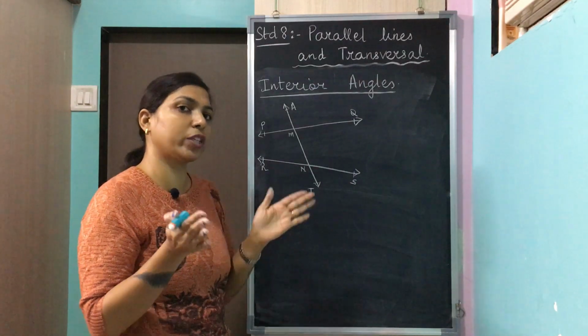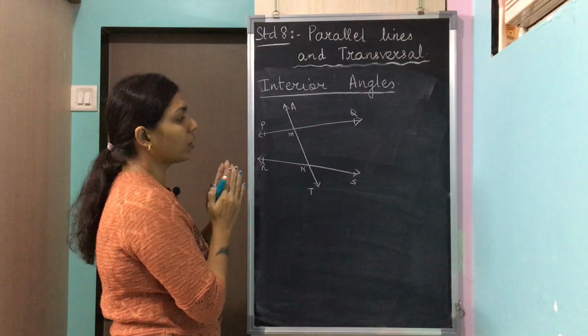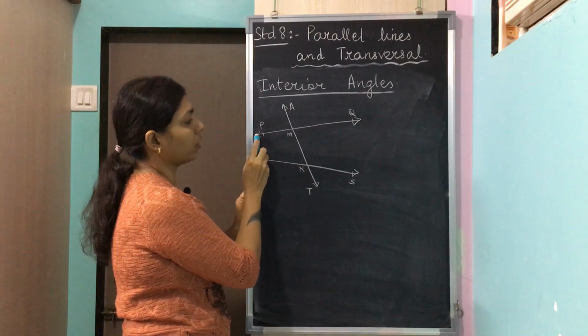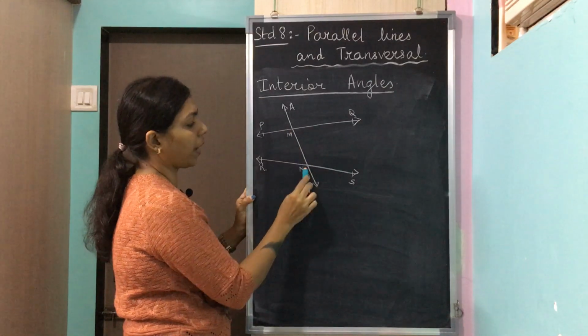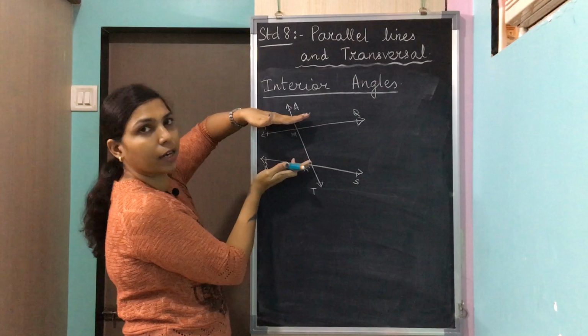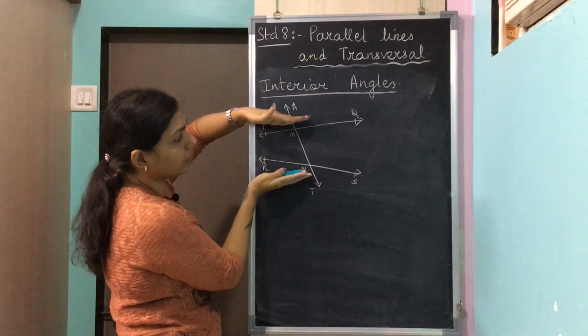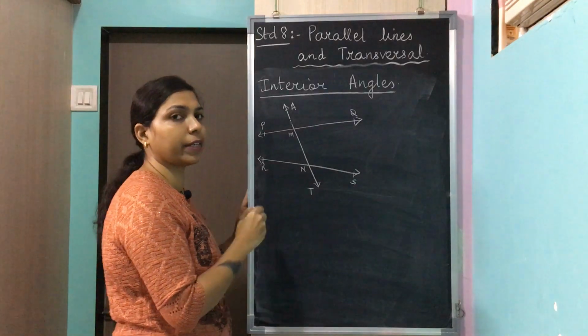Interior means something which is inside. So if we have a look at this particular diagram, we see that angle PMN and angle MNR are present in the inner part of the diagram. Okay, it is somewhere inside. So these two pairs of angles are called interior angles.